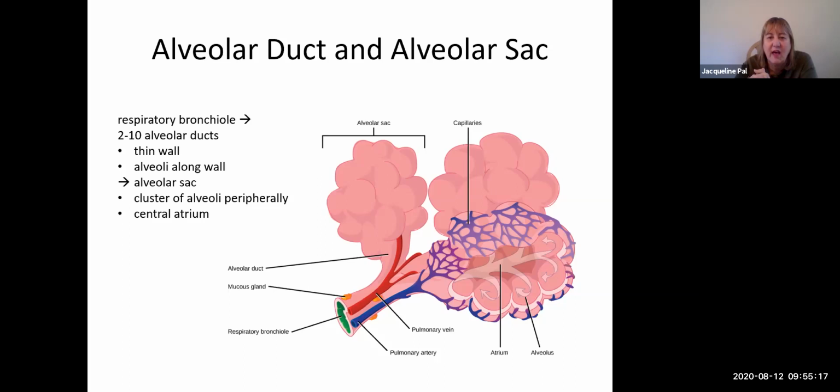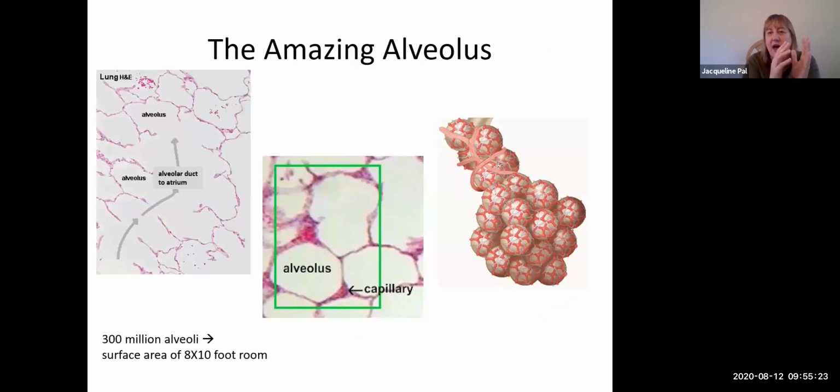each individual alveolus. So what has happened is we have gone from about 500,000 respiratory bronchioles to about 8 million alveolar sacs, which gives us about 300 million alveoli, because there's dozens of alveoli on every alveolar sac.